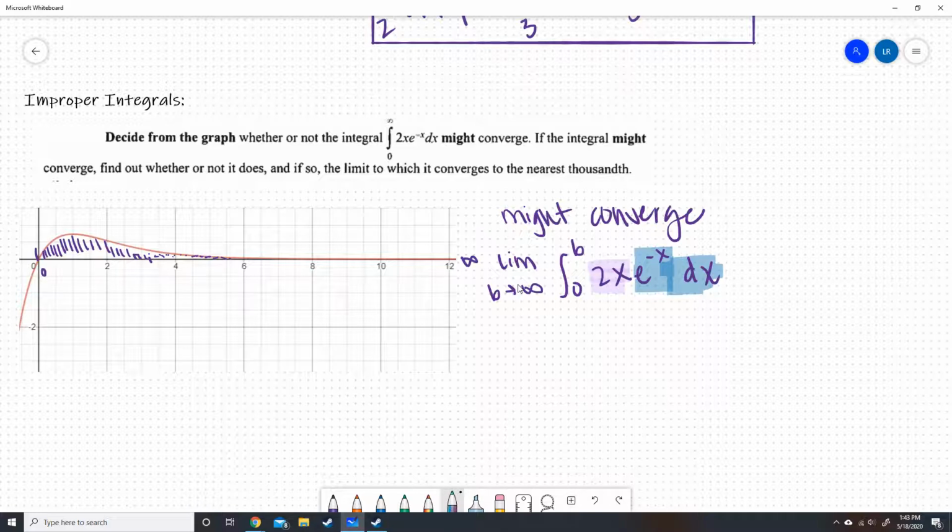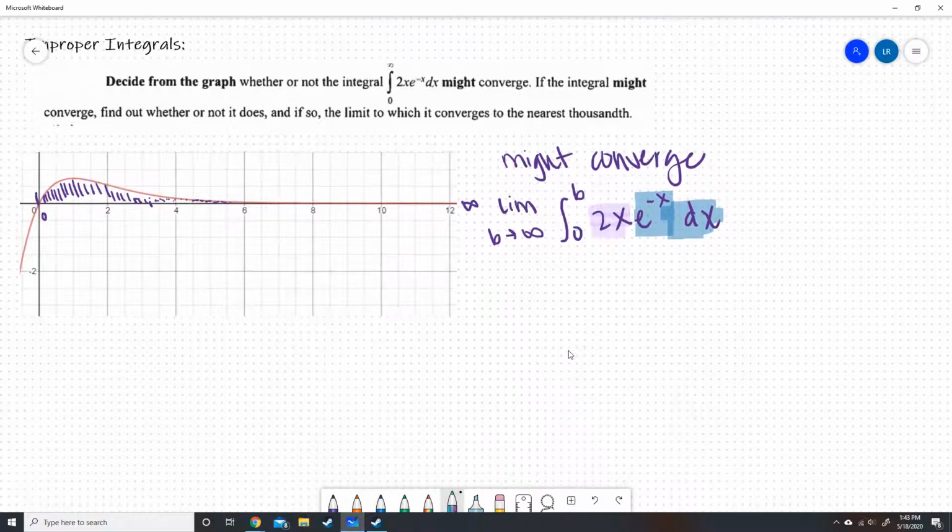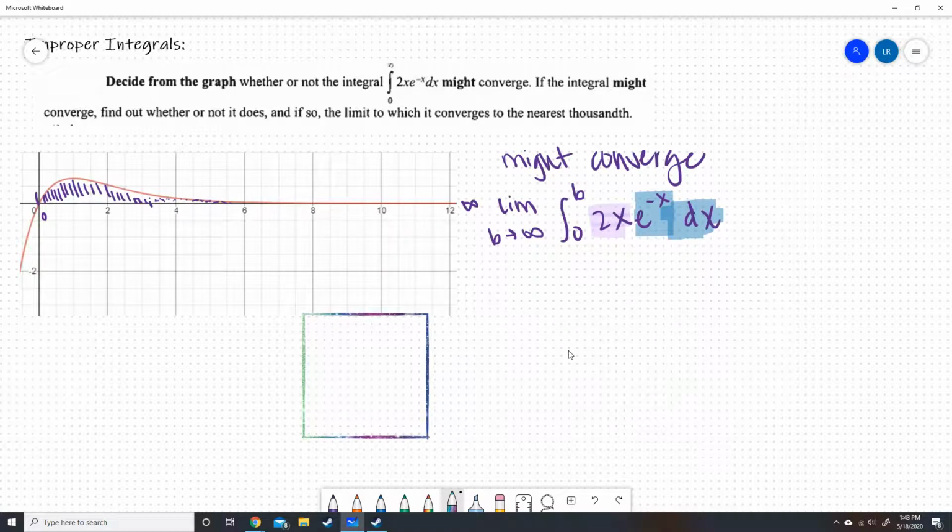So I'm going to make my little box, and in my little box I'm going to put my u, my du, my dv, and my v. So my u is going to be 2x, which would make my du 2 dx.